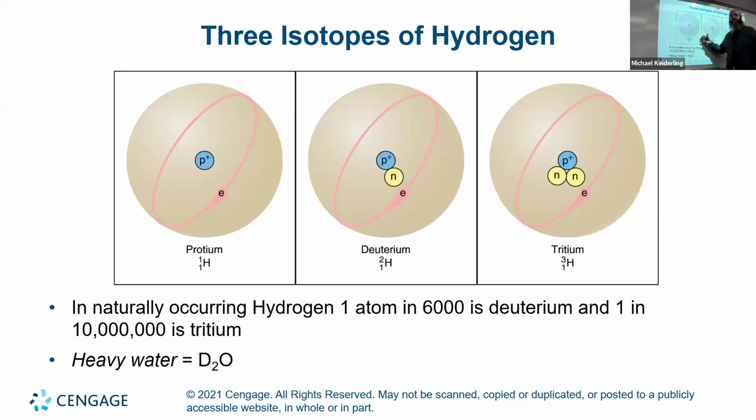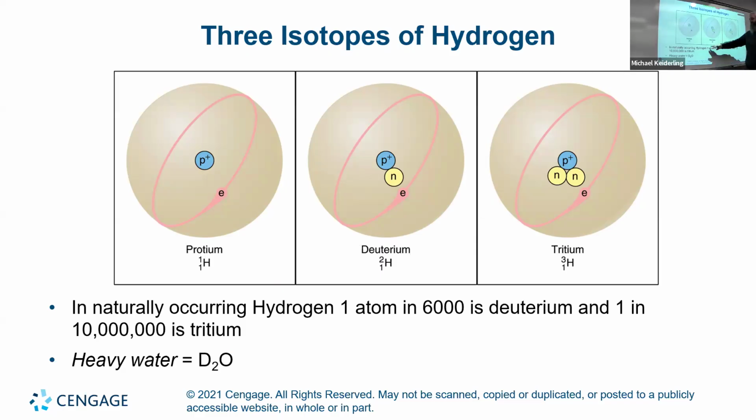So here, for example, are the naturally occurring isotopes of hydrogen. There are hydrogen 1, hydrogen 2, and hydrogen 3, or protium, deuterium, and tritium, for the fancier names.